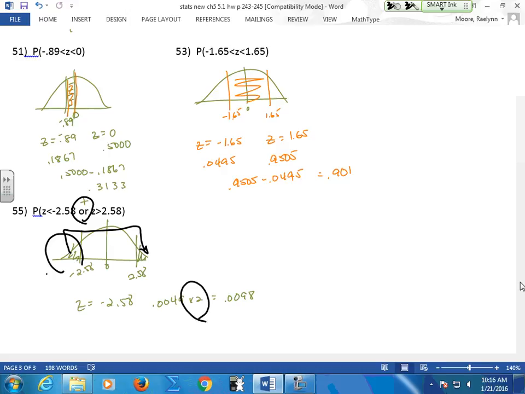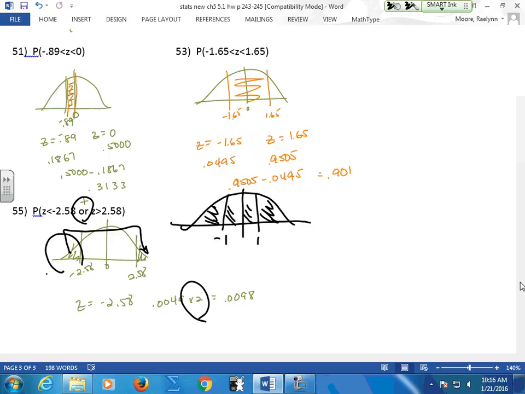Yes, you do. But what happens is this is symmetric. So here's your curve. So your -1 is equal distance from the 0 as 1 is, right? So this area over here is the same as this area over here, because these two areas are exactly the same. And aren't they both 50% on both halves, right?